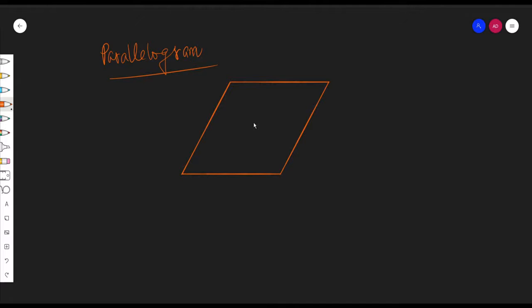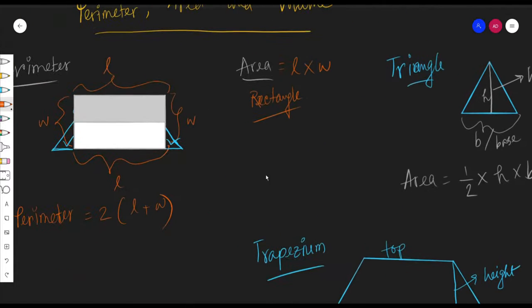Next stop is parallelogram. For a parallelogram, we know that this one is not a rectangle.